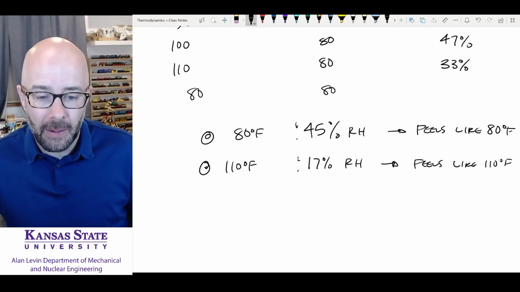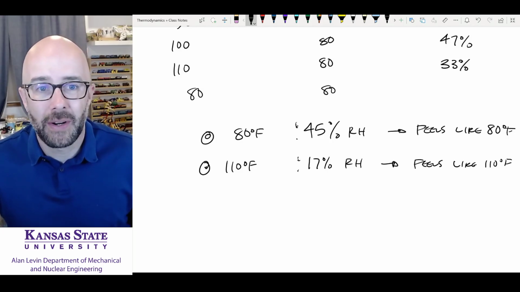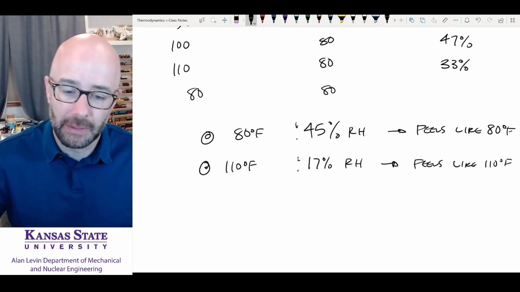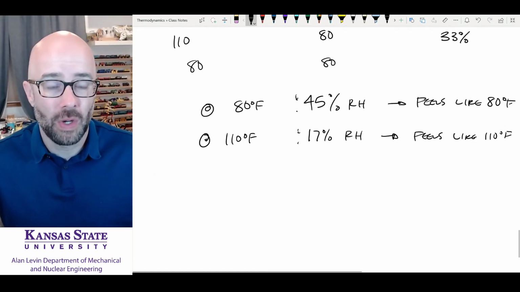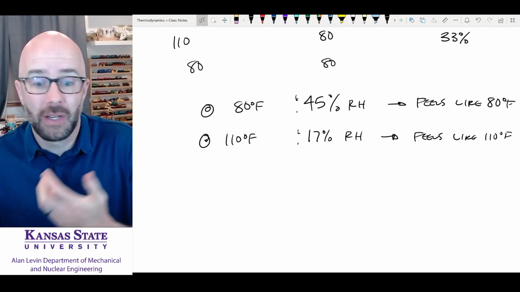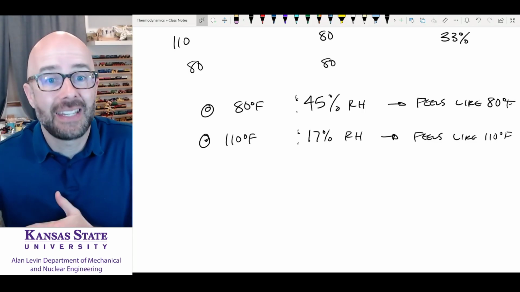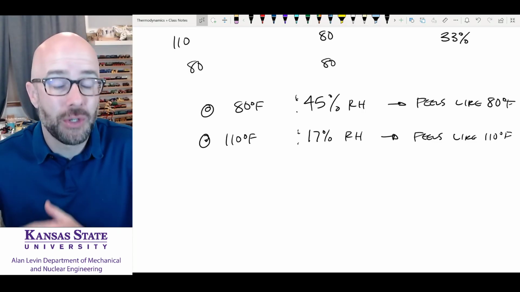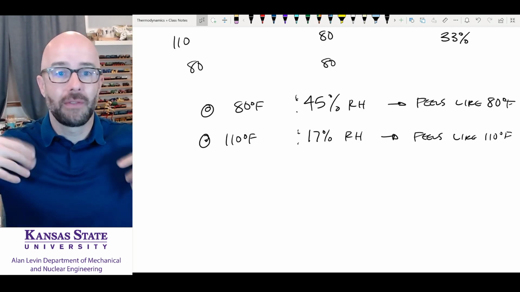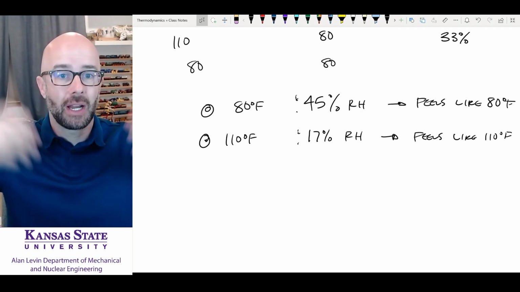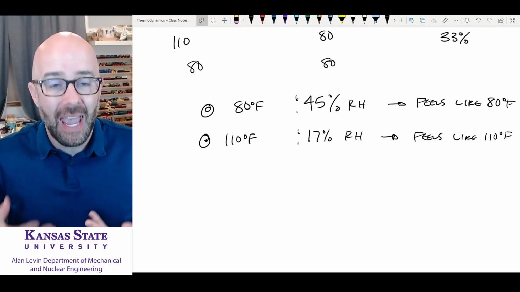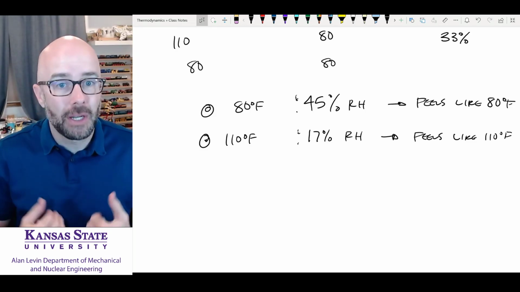If it was 75 degrees Fahrenheit and 100% relative humidity, it would feel about 5 degrees warmer. If it was 75 degrees Fahrenheit and 0% relative humidity, it would feel like about 70 degrees, about 5 degrees cooler, because your sweat would just be evaporating off of you really rapidly, trying to get into that air, trying to get into that mixture around you and cooling you down, so you would feel much cooler.